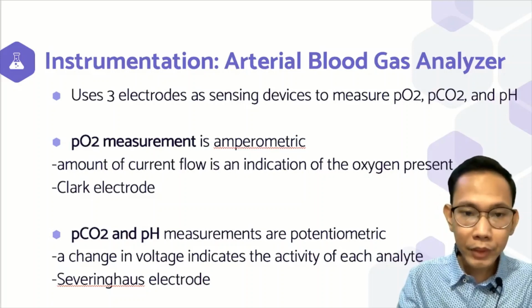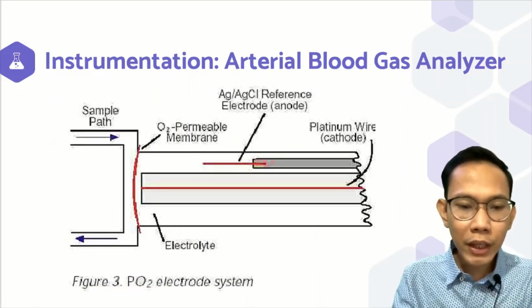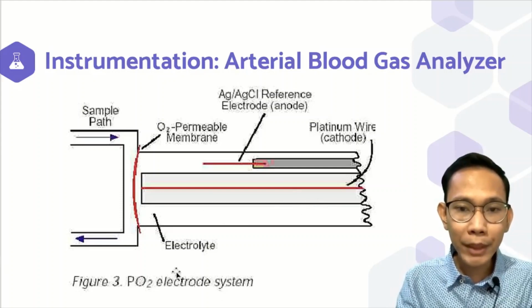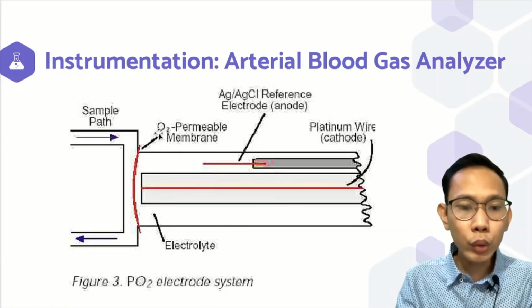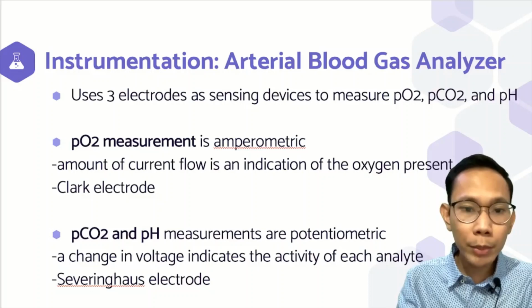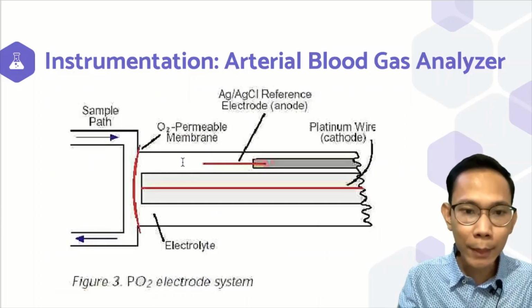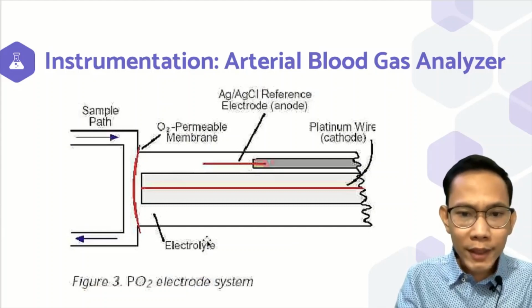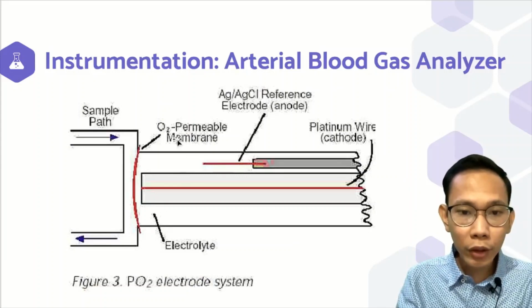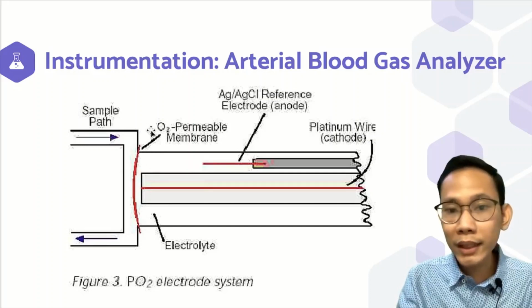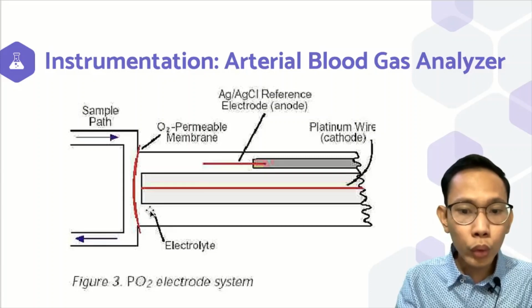Okay? Tingnan natin. So this is now the basic diagram of your principle para sa ating PO2 determination. Ano nga yung PO2 determination? Using your amperometric current flow ang ating hinahanap. Sige. So an oxygen permeable membrane covers the tip of your electrode to selectively allow O2 to diffuse into the electrolyte solution.